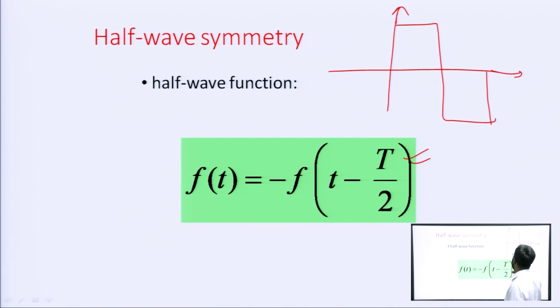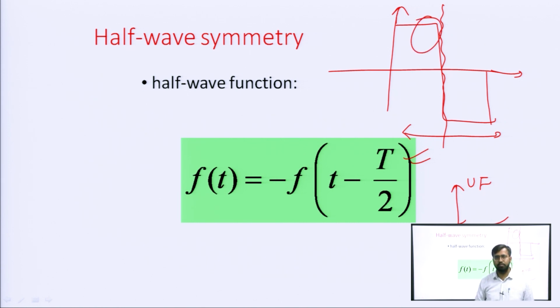Just remember one thing, suppose you are having one signal or any function, do this: use this as a mirror, fold it to the left, then fold it upward, one left folding and one upward folding. If by doing this you are getting the same signal, then that is the shortcut for telling that it has half wave symmetry.